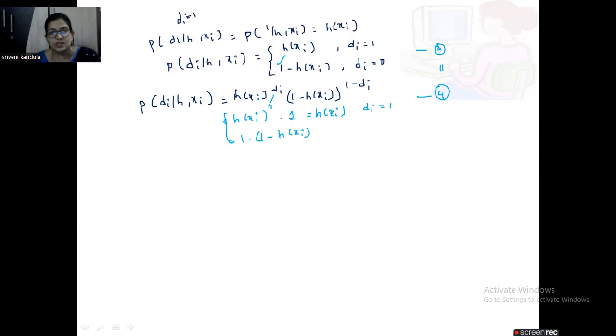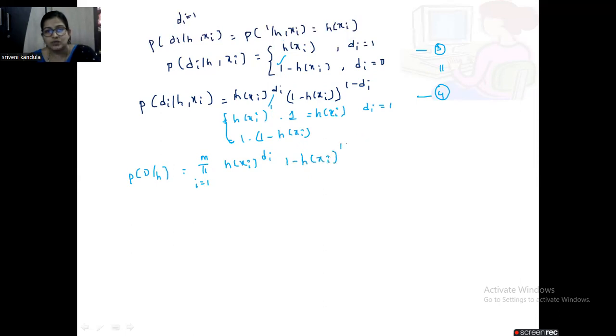So I can re-express this equation like this. Now if we substitute this value in our earlier equation, that is P of D given h equals the product with i ranging from 1 to n. In place of P of di given h comma xi, we are taking h of xi to the power of di multiplied with 1 minus h of xi to the power of 1 minus di multiplied with P of xi.